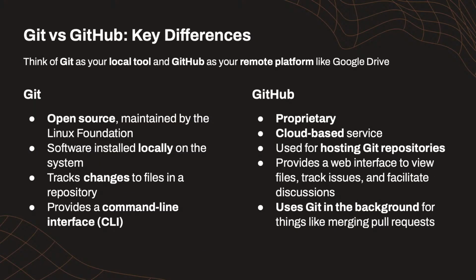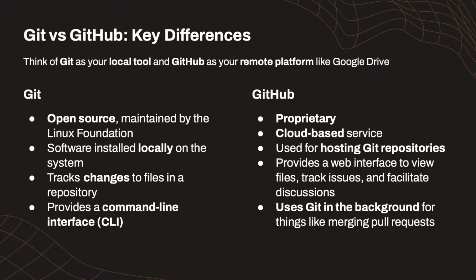The main difference between Git and GitHub: you can think of Git as your local tool on your laptop, and GitHub is just like Google Drive. You have all these changes locally on your laptop, and then you push them to Google Drive to back them up and have a file history. Other differences: Git is open source, maintained by the Linux Foundation, and the software is installed locally on your device. It tracks changes to the different files in the folder in a repository, and it provides a command line interface by default, although there are some GUI options like plugins in VS Code to do the same things.